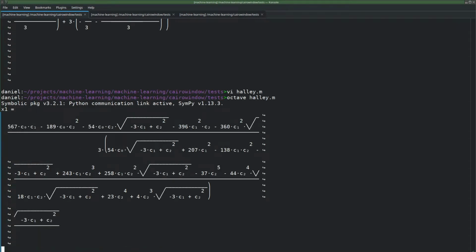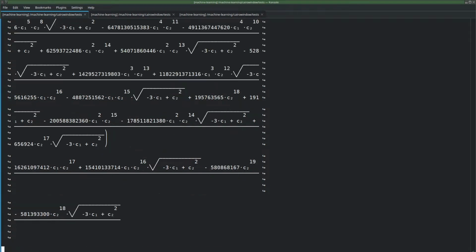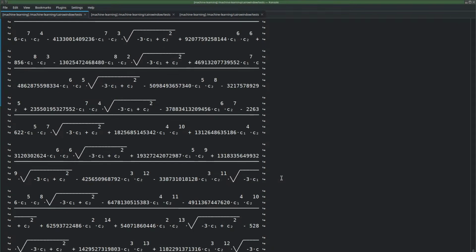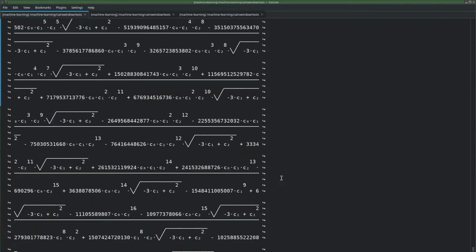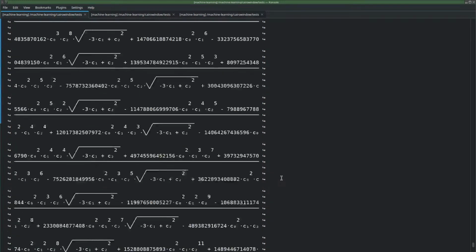Or my memory gets exhausted. Oh, actually the x1 is being printed. Looking indeed considerably easier. Yeah, that wasn't a problem at all. It's still a rather big formula though.